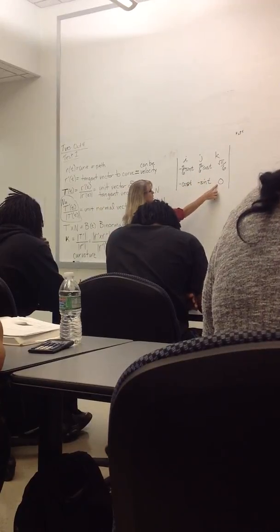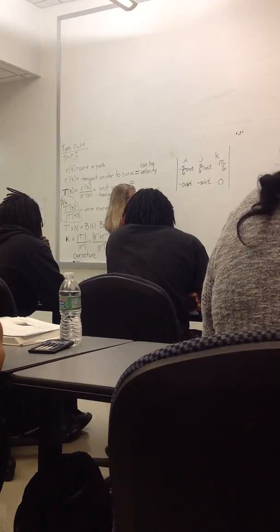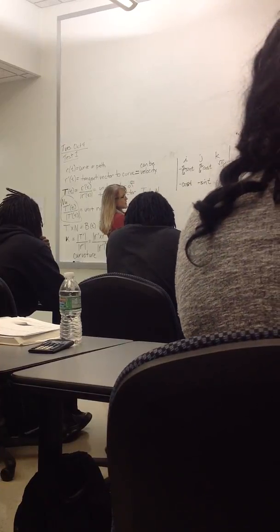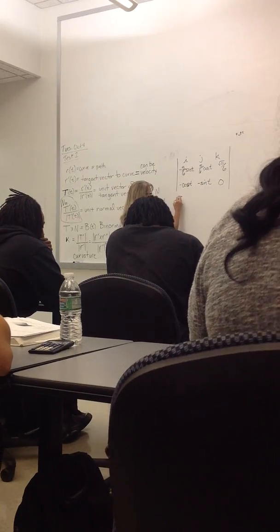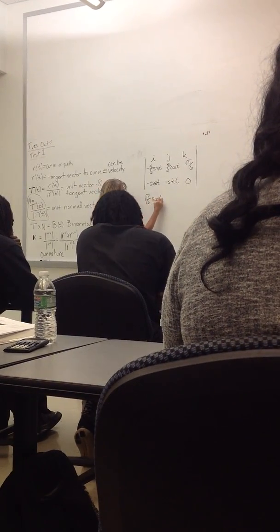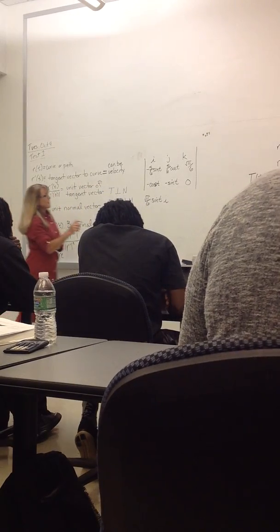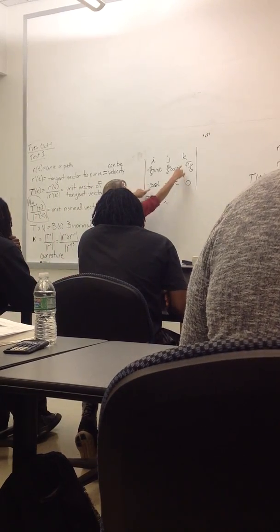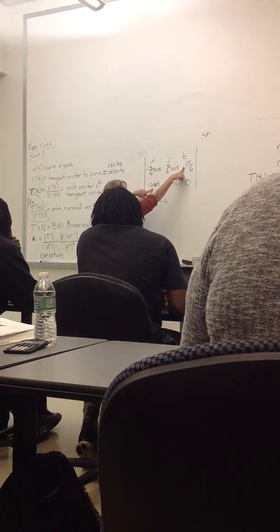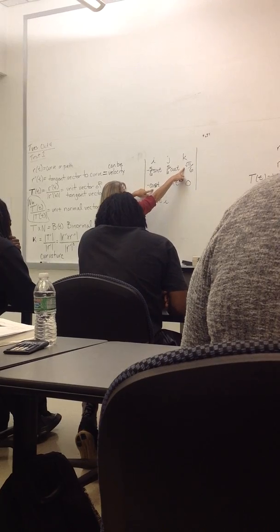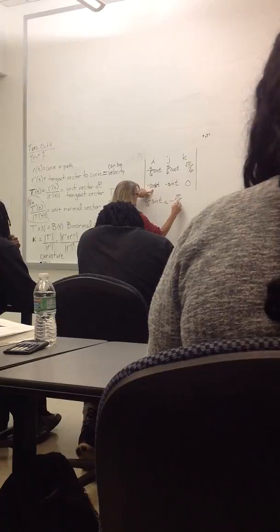When I cross these two, I get negative square root of 11 over 6 times sine, but remember you subtract that, so I'll get positive square root of 11 over 6 times sine as the i component. Then the j component: this product would be negative square root of 11 over 6 times cosine, but you subtract, and for the j term you take the opposite, so it'll be negative.